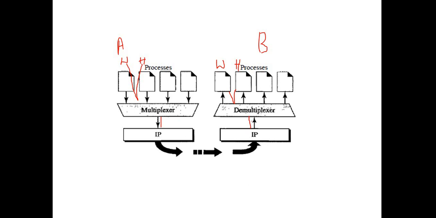Again at the destination side, these processes will be using only one IP address, and the network address will be common, but the process will be different. So to achieve more reliability and good use of this technique, almost all the protocols use multiplexing and demultiplexing. Let us take an example of how we can achieve this.